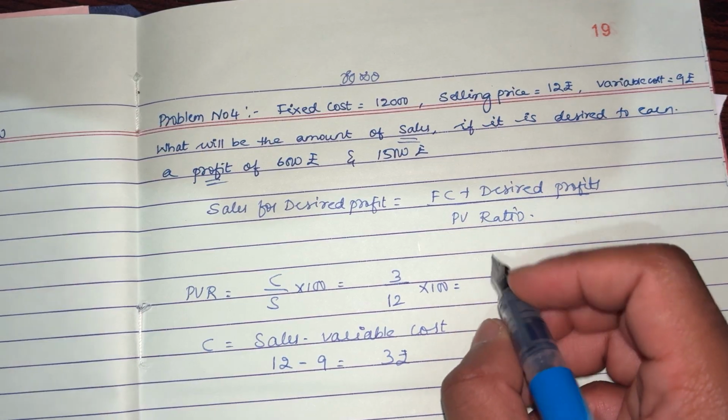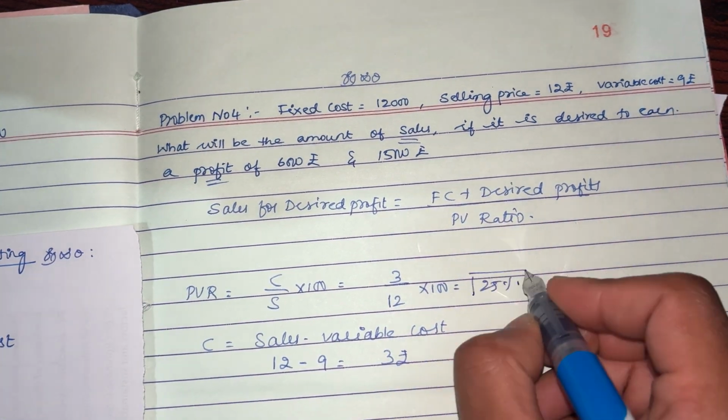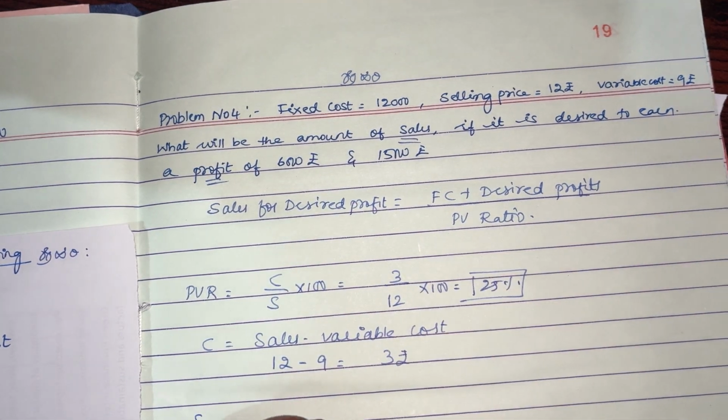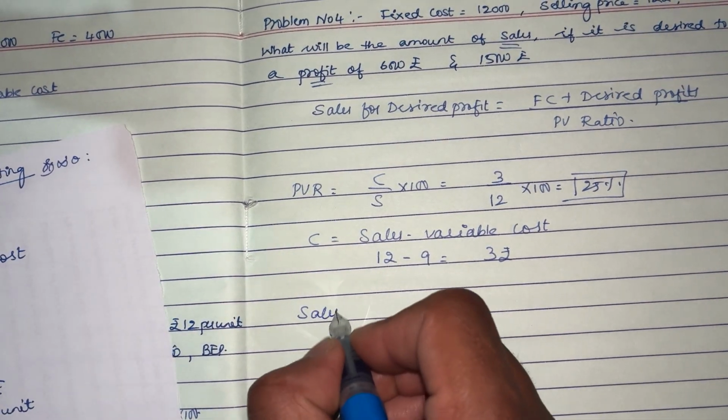That will come around 25%. PV ratio is now done. Now we need to calculate the sales for desired profits.